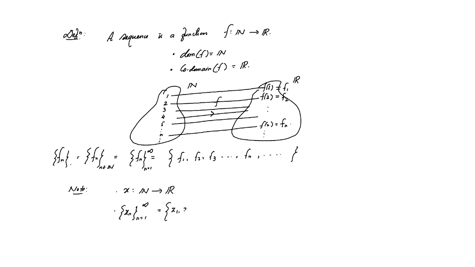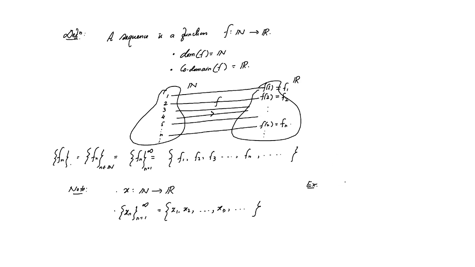That means x1, x2, xn, and so on, where x is a function from N to R. Now I'll give one very simple example of a sequence.